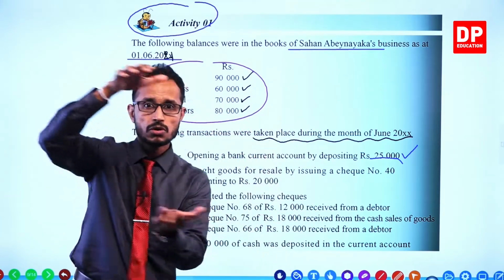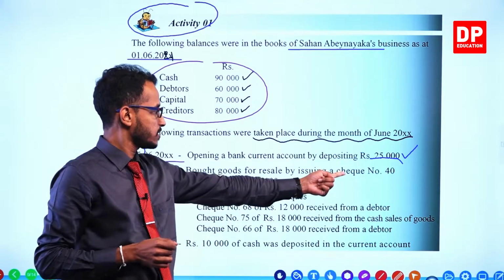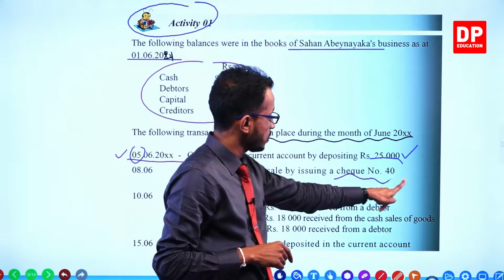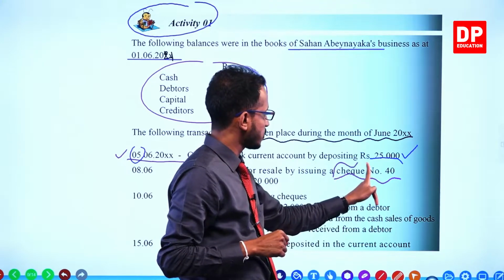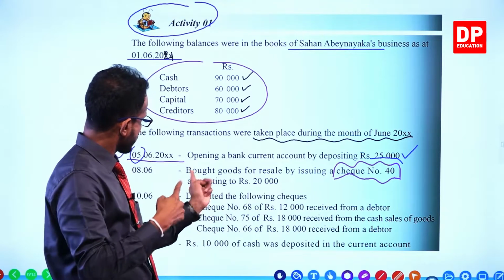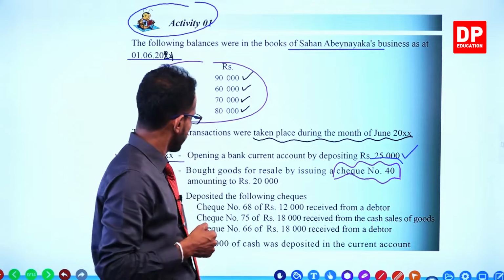More goods, more stock coming into the business. So goods increase, cash decreases. Actually, not cash at hand. Cash at bank decreases because it's a check.